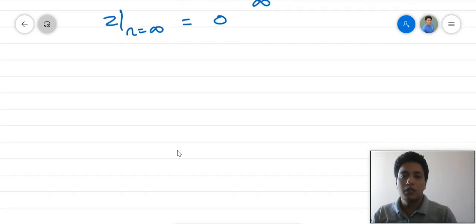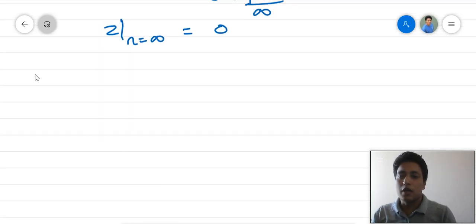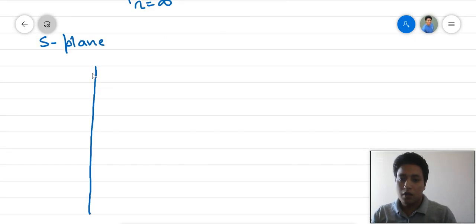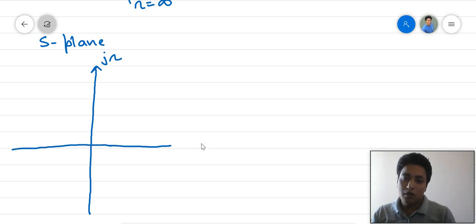Now what does it mean? In the S plane we have a j omega axis, and this is the sigma. So we have points through this j omega axis from minus infinity to infinity.